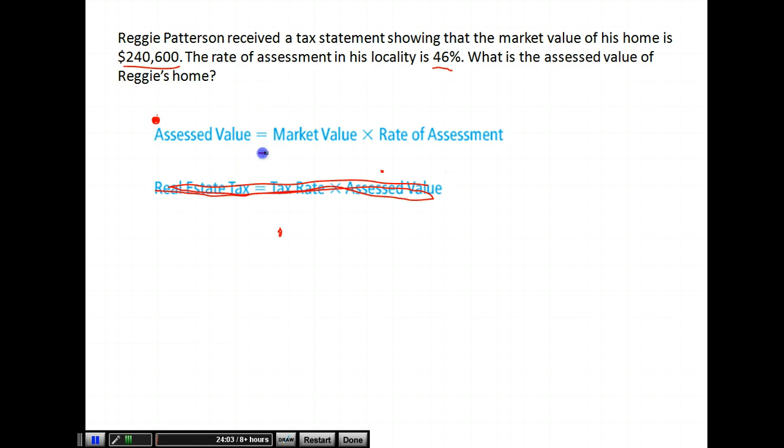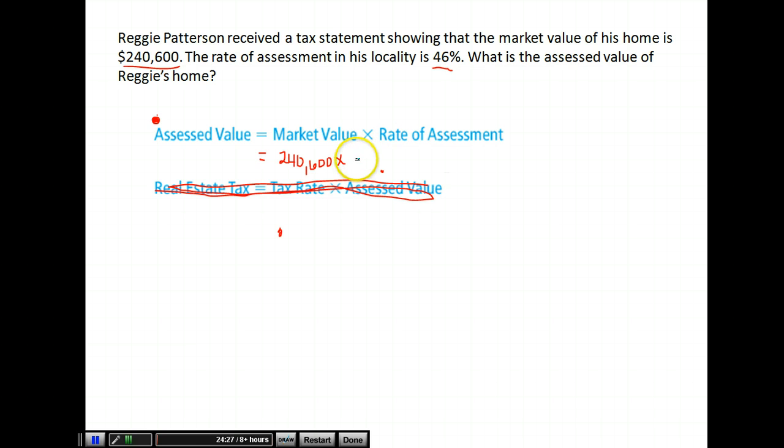We know the assessed value should equal the market value, which they told us was $240,600, times the rate of assessment.